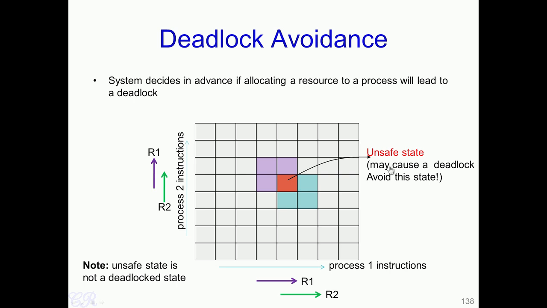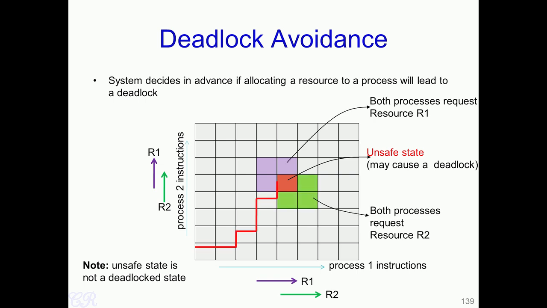So, an unsafe state is not a deadlock state, but rather it is a state which may potentially cause a deadlock. Thus, if the OS was to schedule process 1 and process 2 in such a way that the execution path ends up in this unsafe state, then we may potentially have a deadlock.